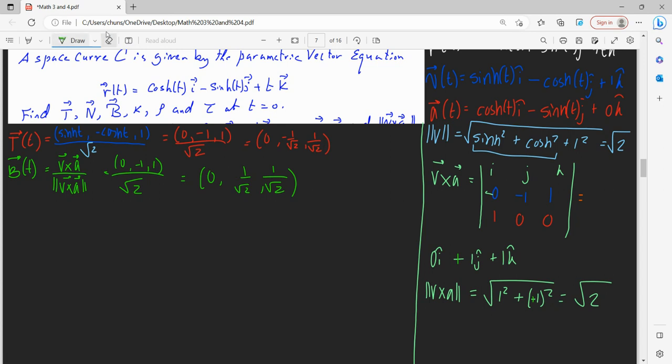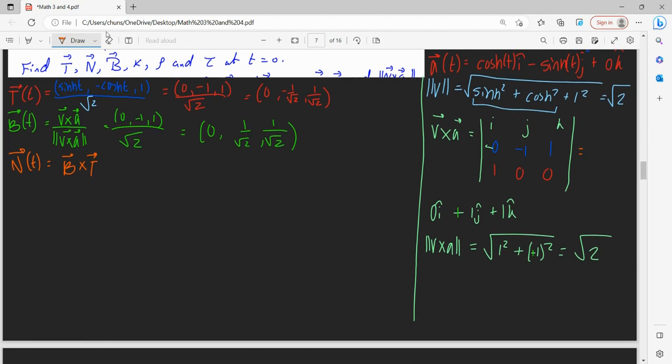Okay, so now let's find our normal unit vector, which was given by b cross t. I'm just going to do that on the side. So b, what did we get?